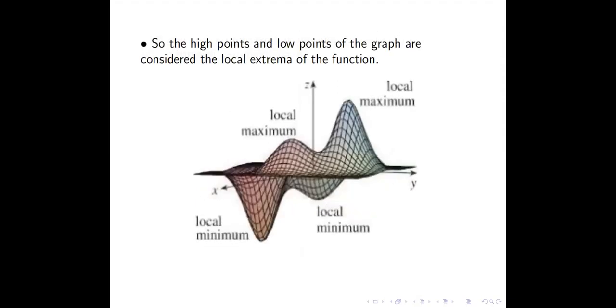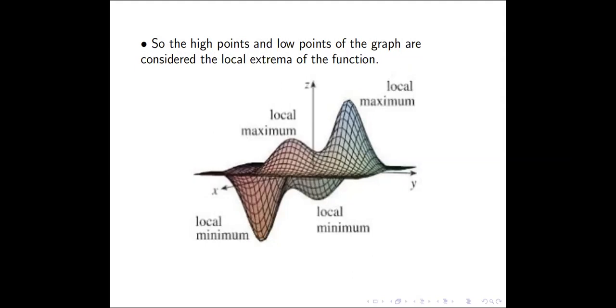So consider the figure here. We see two local maxima on the surface and two local minima, the high points and the low points of the surface. They may not necessarily be the highest or the lowest points. They just need to be the highest or lowest points on a local region or part of the surface.